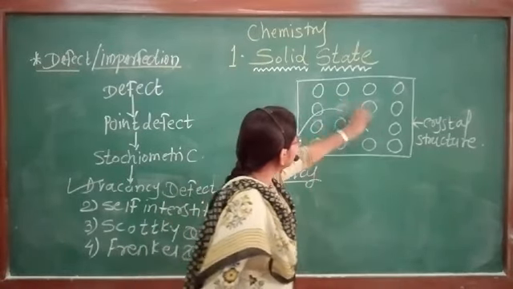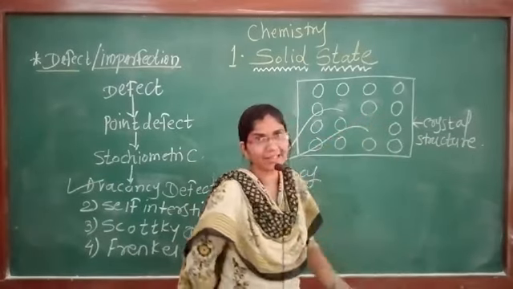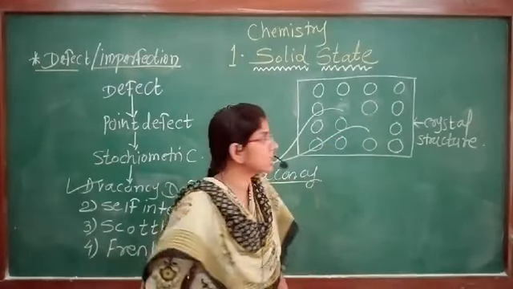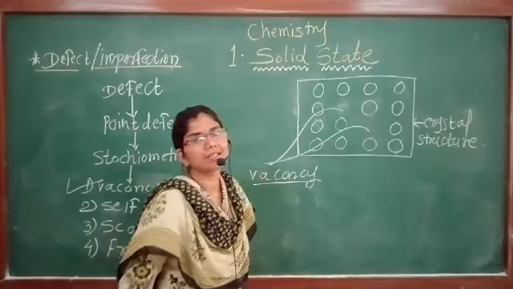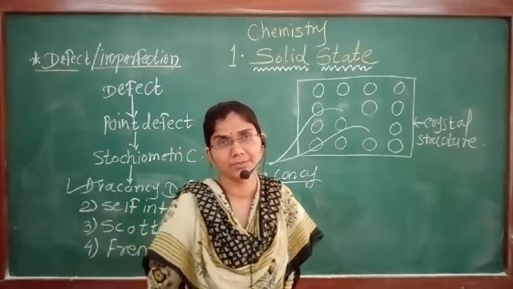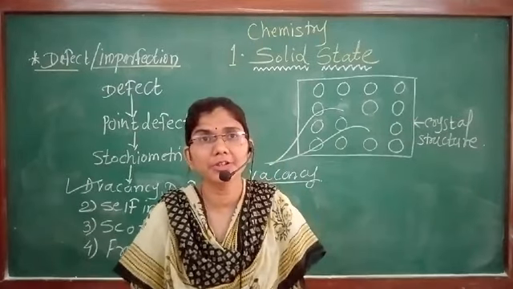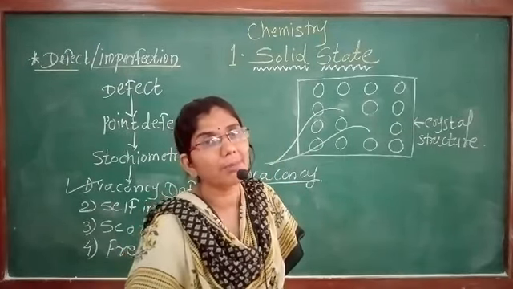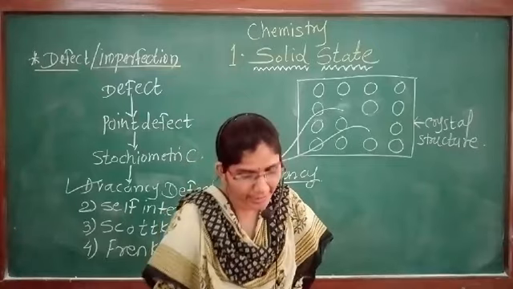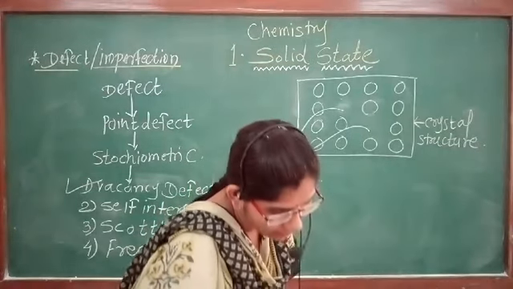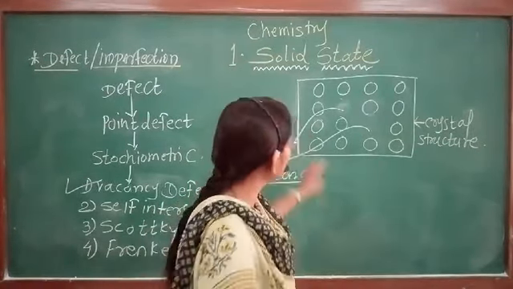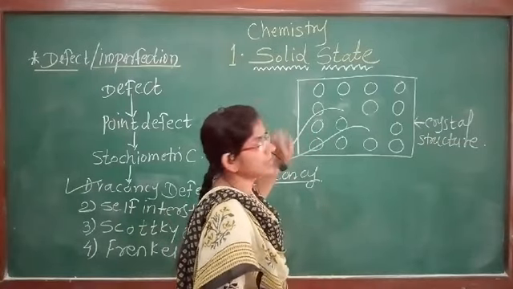These lattice sites get vacant due to the missing of the particles from that site. And therefore a vacancy is created due to the missing of the particles from their regular sites, and the crystal structure is said to have a vacancy defect.